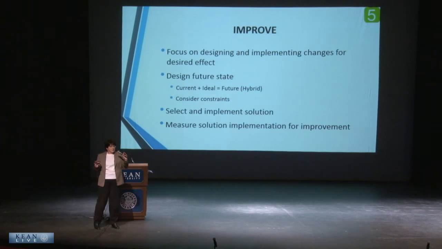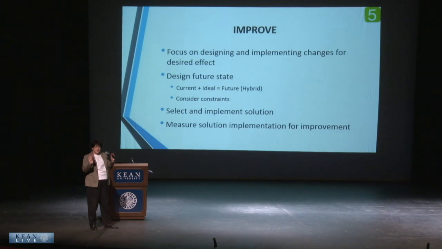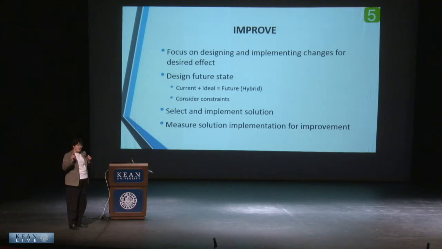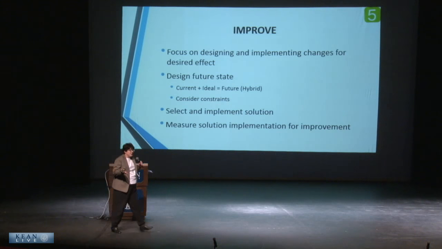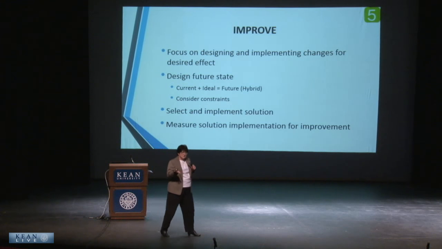You take your current map that you did in step 2, your ideal map that you created in step 4, and ultimately you're going to create a hybrid. Because an ideal is just that, it's an ideal. And it's called a hybrid because you have constraints. What might some constraints be in your process, Denise?